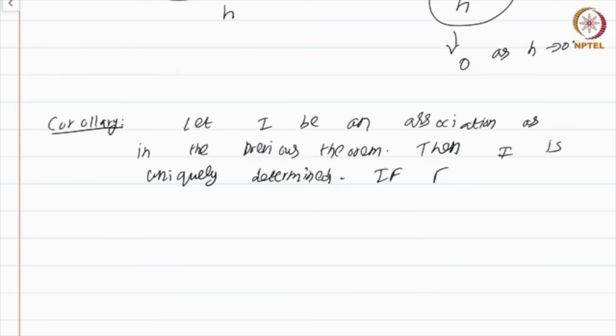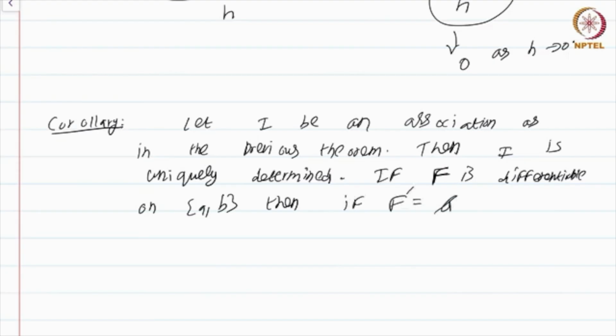If capital F is differentiable on the closed interval [a, b], then, if capital F prime is small f, we have, as you can expect, I_{a,b}(f) is just F(b) minus F(a).